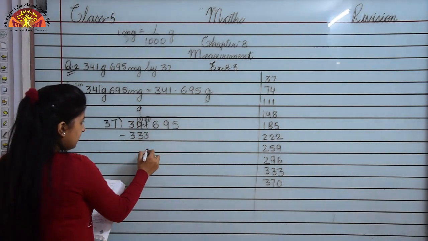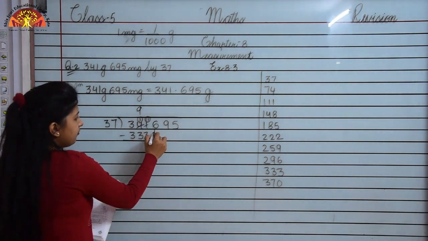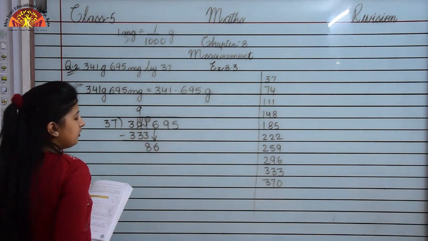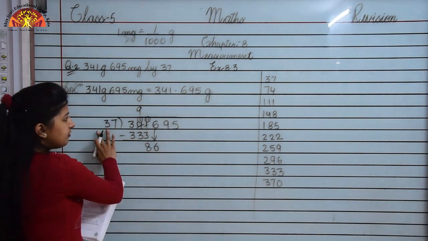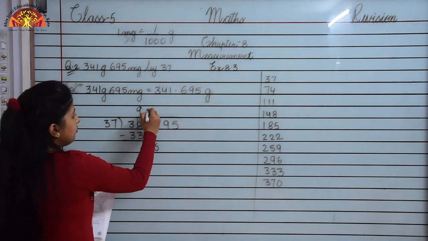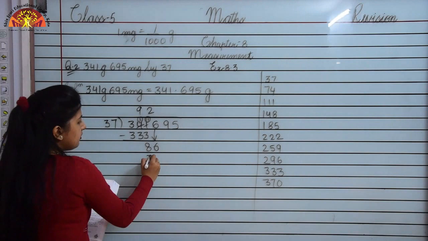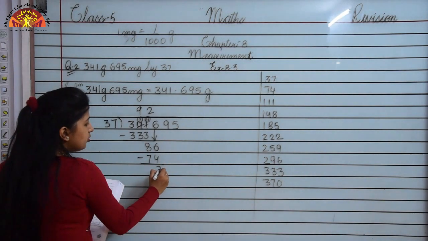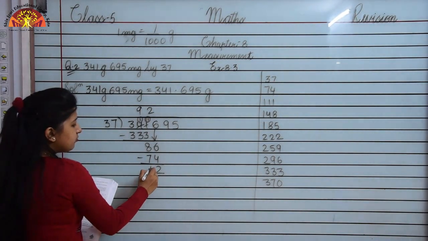Now 11 minus 3 equals to 8. Now we will bring 6 down. Now 37 2's are 74. So we will write 2 here and 74 below 86. Now 6 minus 4 equals to 2 and 8 minus 7 equals to 1.